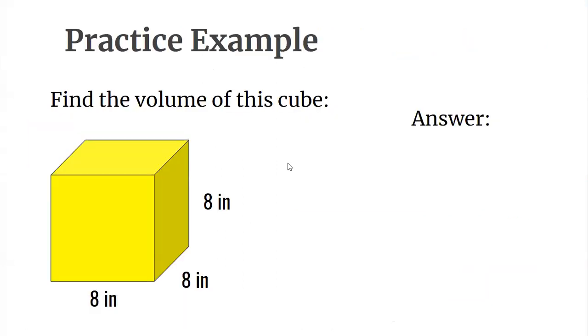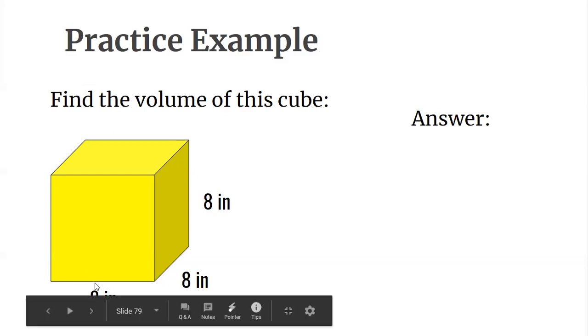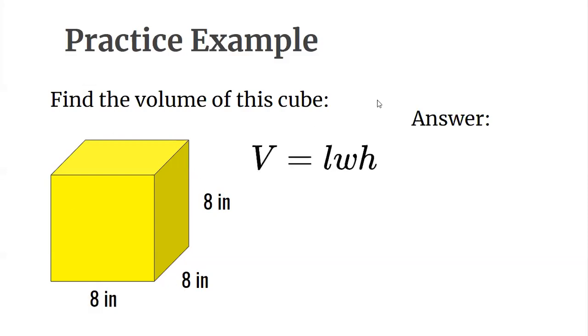So you're gonna practice solving for the volume. So I gave you some problems, but the first problem, I'll do it and I'll show you what it's all about, so you won't be confused when you do this or try this. So we got this yellow cube with 8 inches all around. First, write out the equation. V equals LWH. You could use this equation or use the volume equals S cubed.